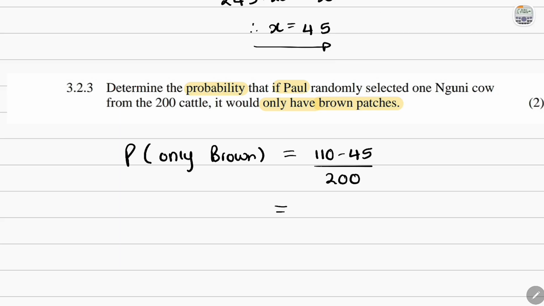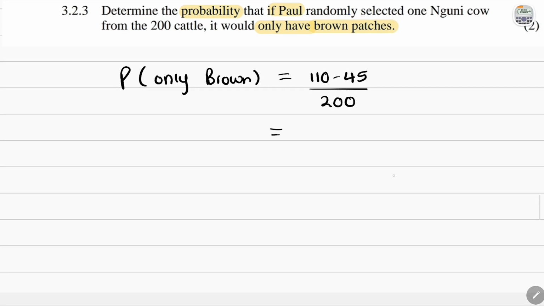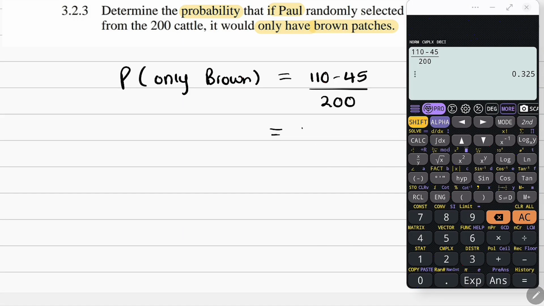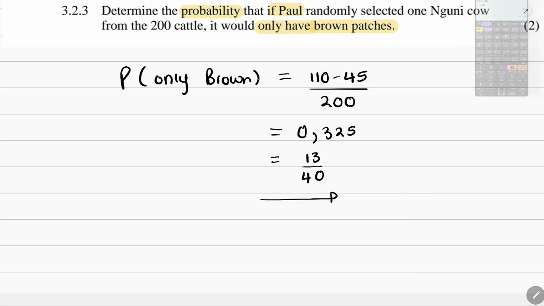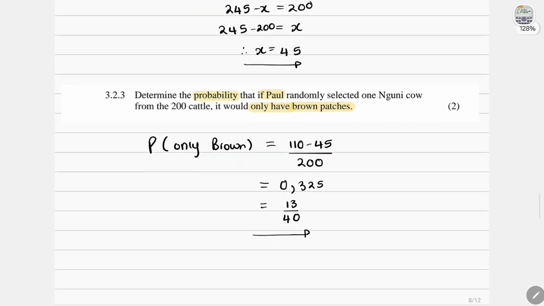And then this would be the probability. So let's go ahead and get this. That is 0.325. I'll just leave it as a fraction since it became 3 decimals, and I don't want to round off to 2 decimal places. So let's just leave it at 13 over 40. And that is our answer expressed as a probability.